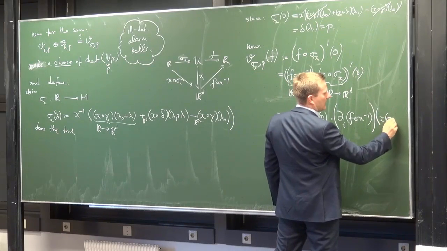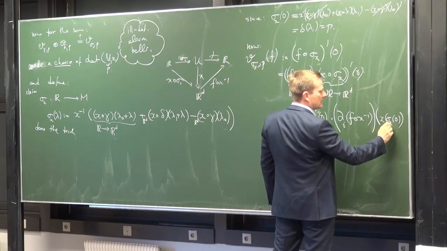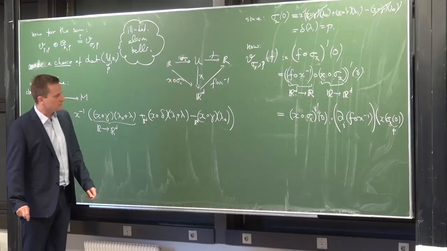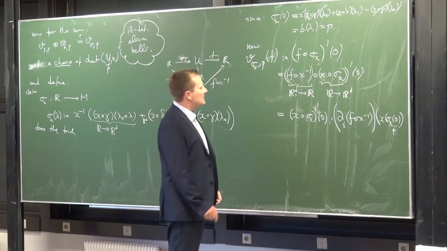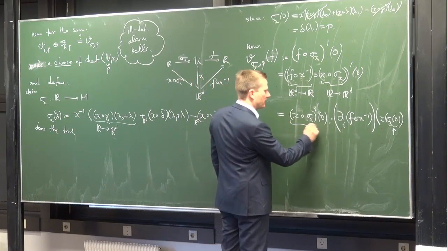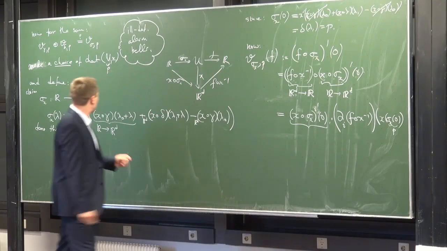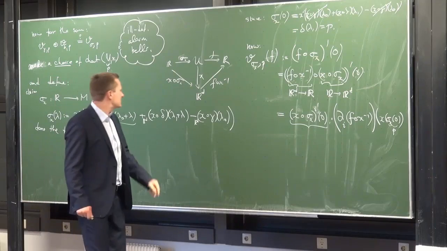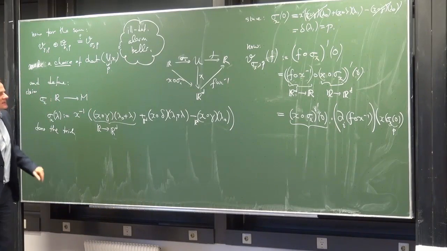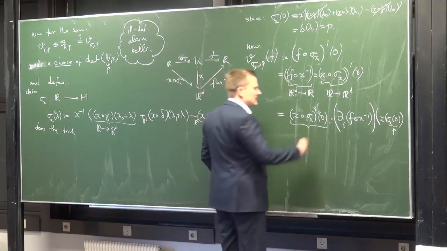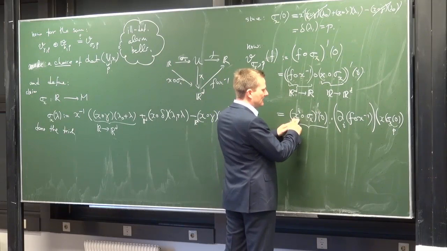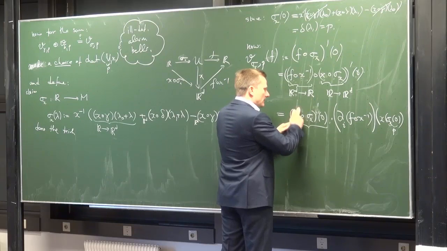Sigma x of 0 is P, so that's at the point x of P. Now we're left with the task of calculating this beast where sigma x is given like this. Let's do this first. That's not so difficult.